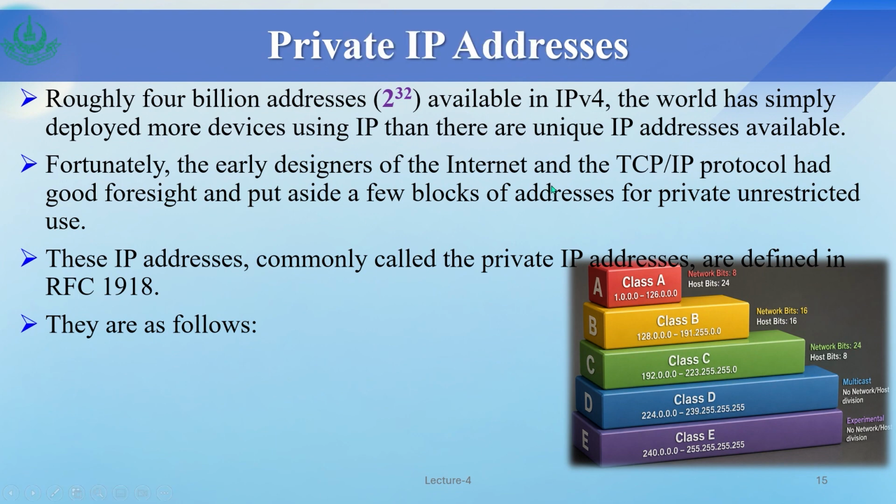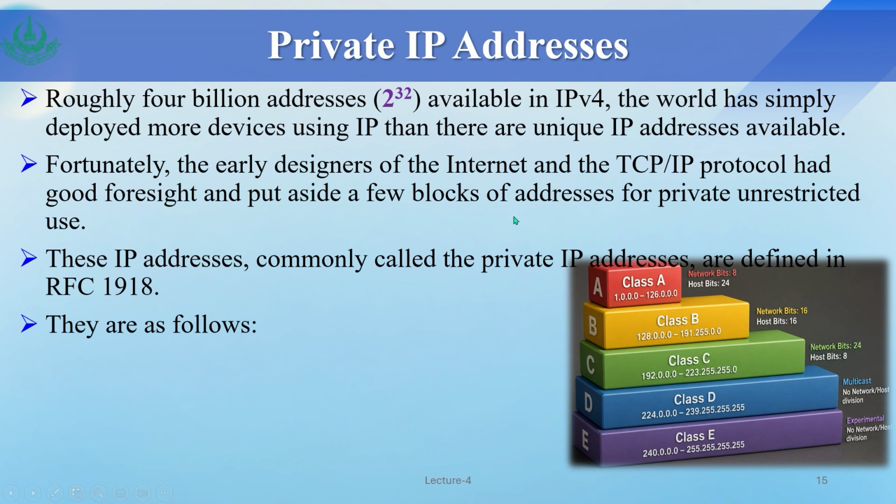Private IP addresses. Roughly 4 billion addresses are available in IPv4, Internet Protocol version 4. The world has simply deployed more devices using IP than there are unique IP addresses available.